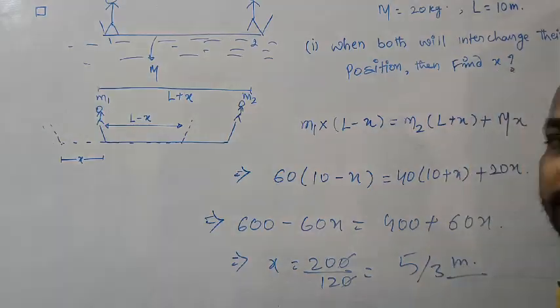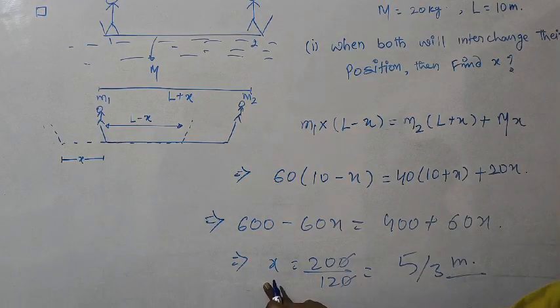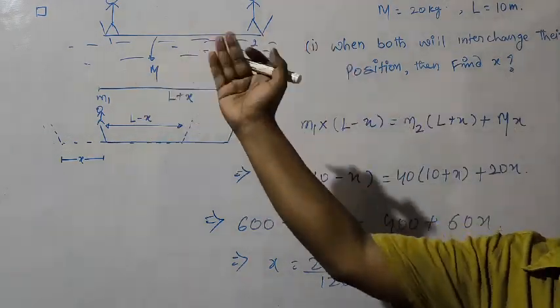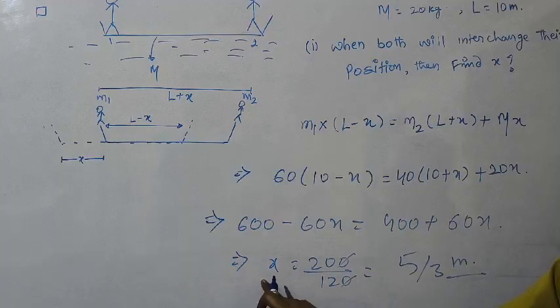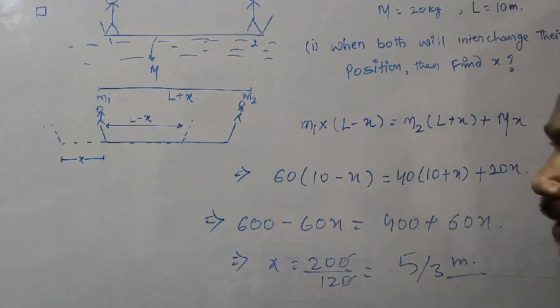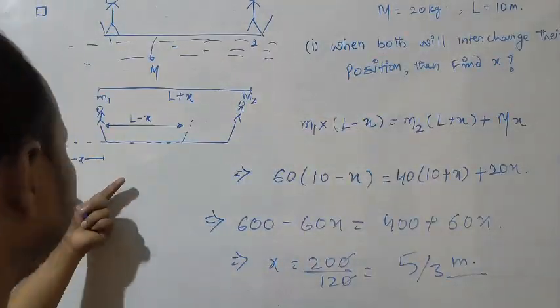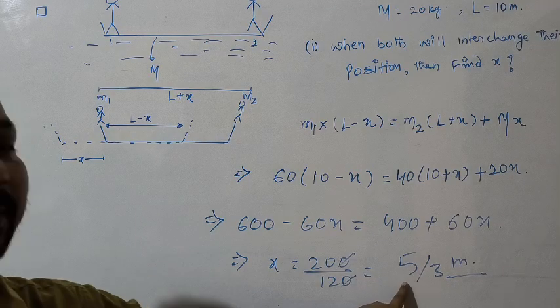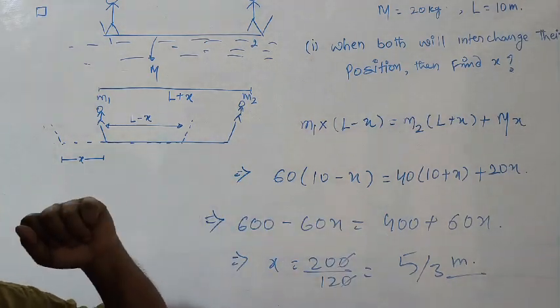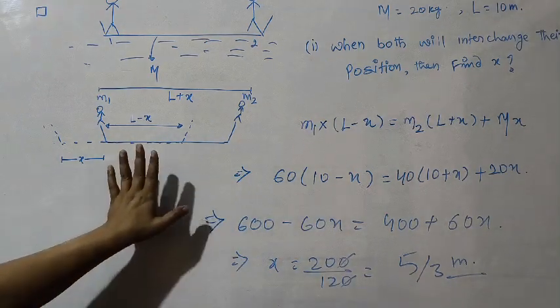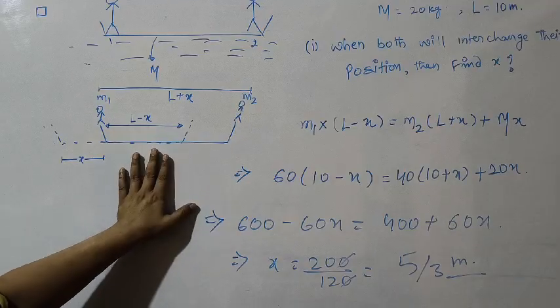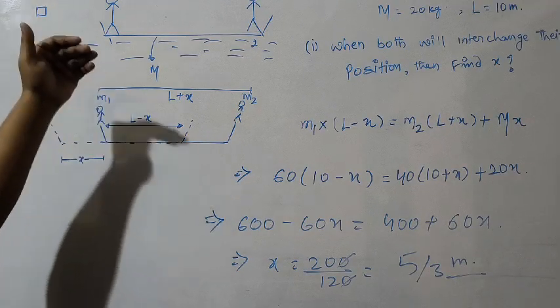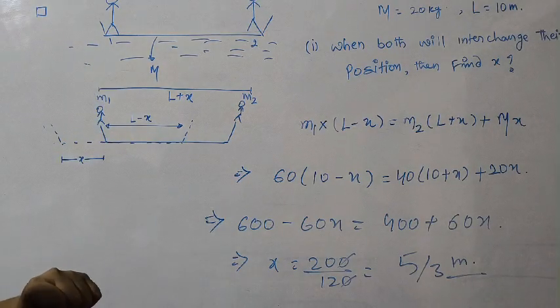That is the required answer. Our assumption is correct: we assumed the boat is shifting in this direction, and since the value is positive, the assumption holds. Yes, the boat will shift in the backward direction by a distance of 5 by 3 meter. So I think we have understood the concept behind this motion of center of mass question.